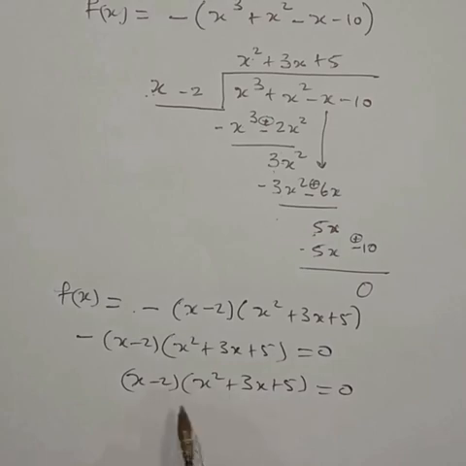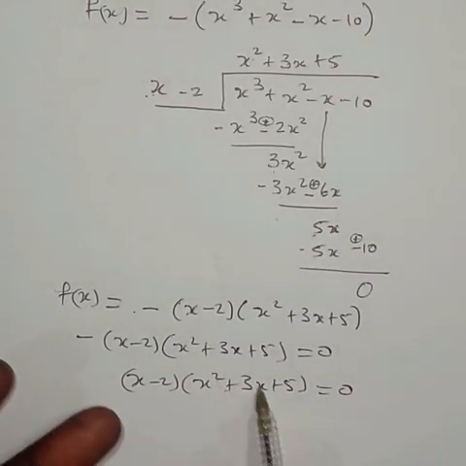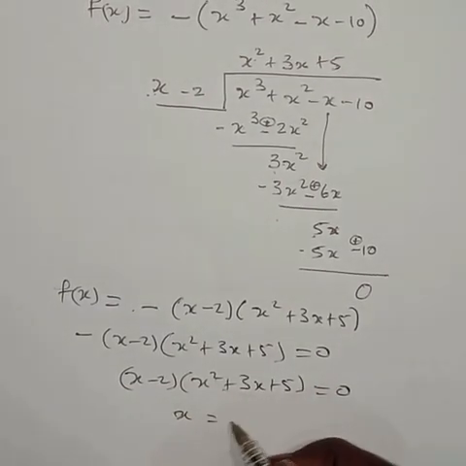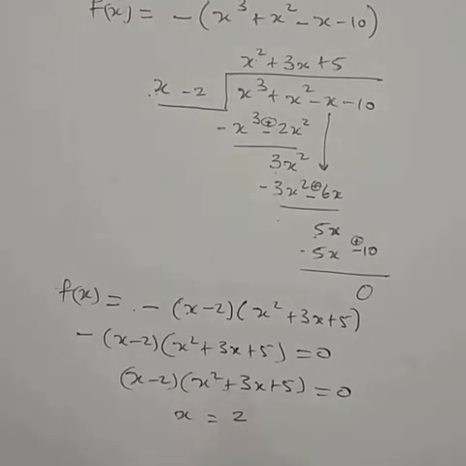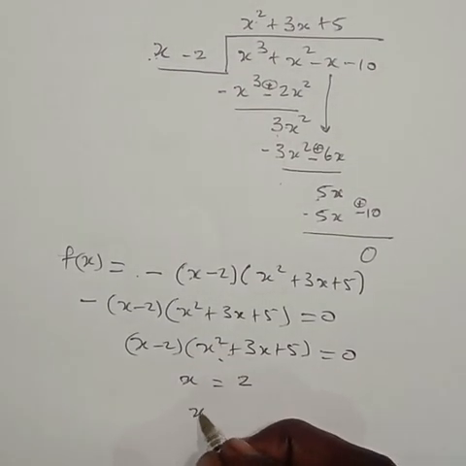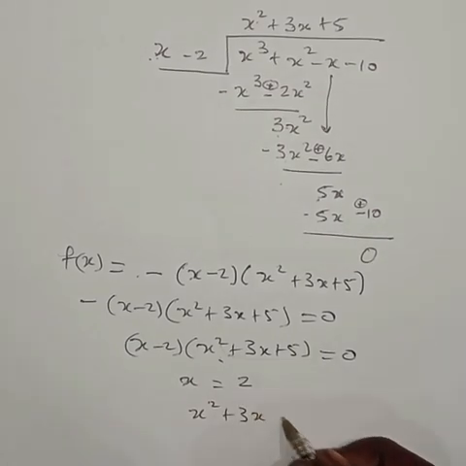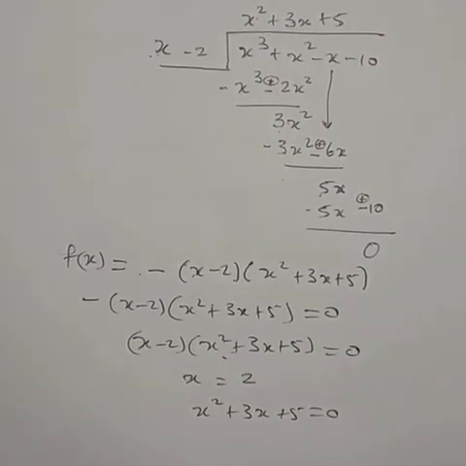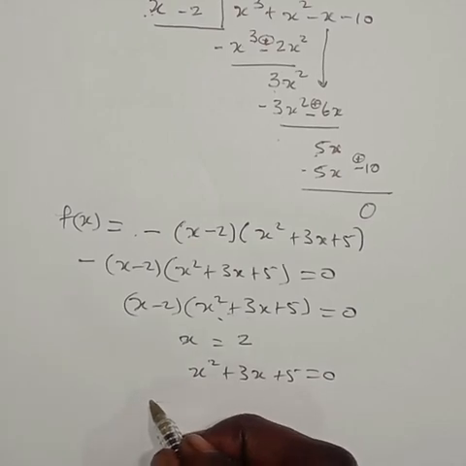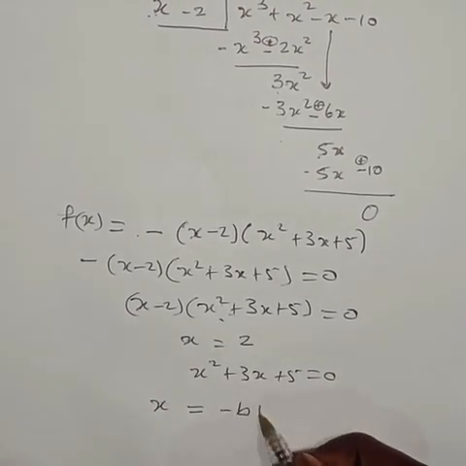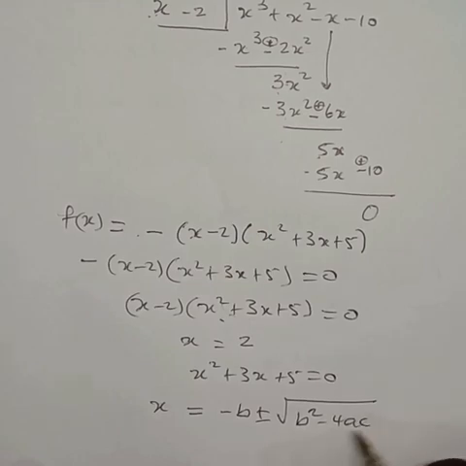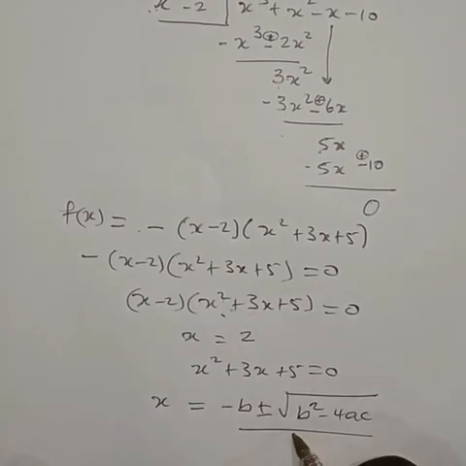Now, x is equal to 2 for the first factor. For the other one, it has to be equal to 0. So I'm saying x squared plus 3x plus 5 is equal to 0. Now, I need to solve that. I can use the quadratic formula: x is equal to minus b plus or minus the root of b squared minus 4ac, over 2a.